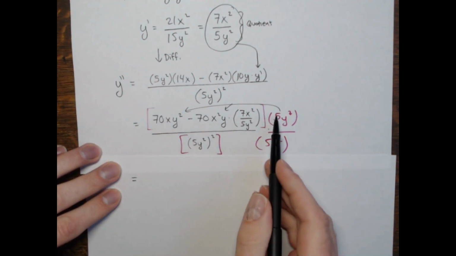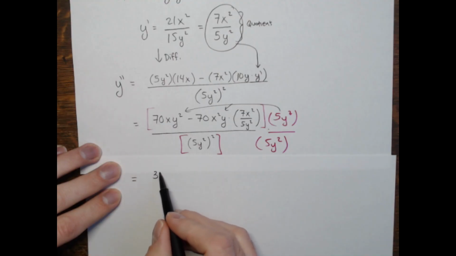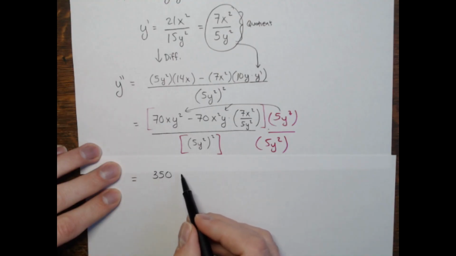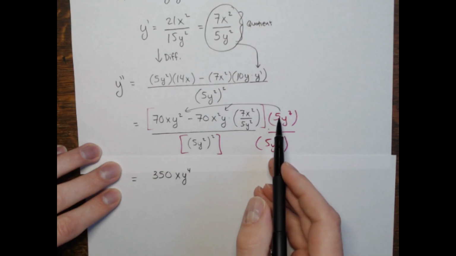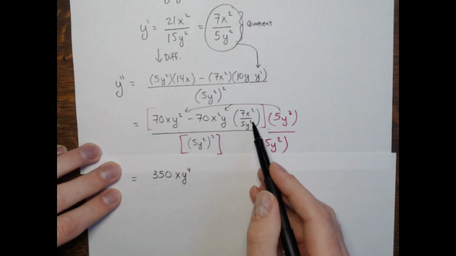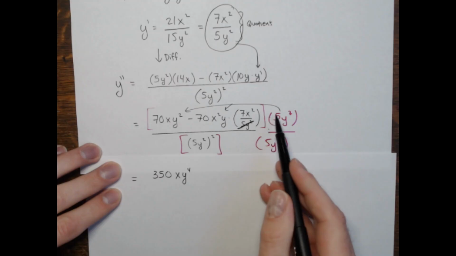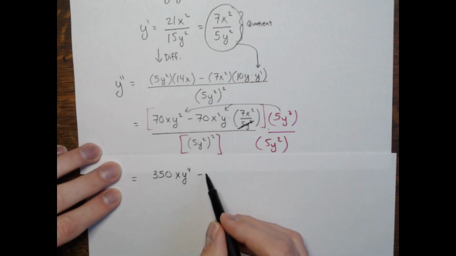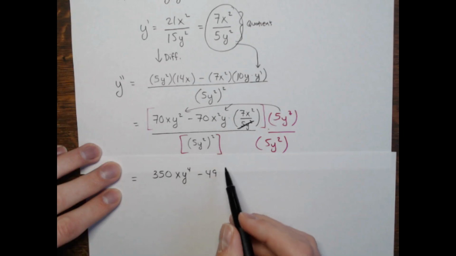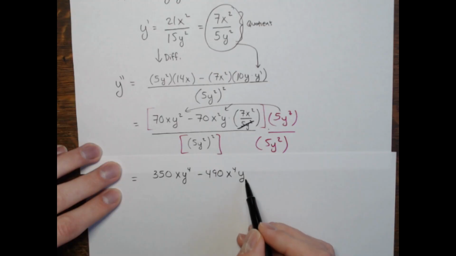So up top, 5 times 70 is 350 times x y to the fourth. And then again, the 5y squared will go away in the second term, so I'm left with minus 490, 70 times 7, x to the fourth y.